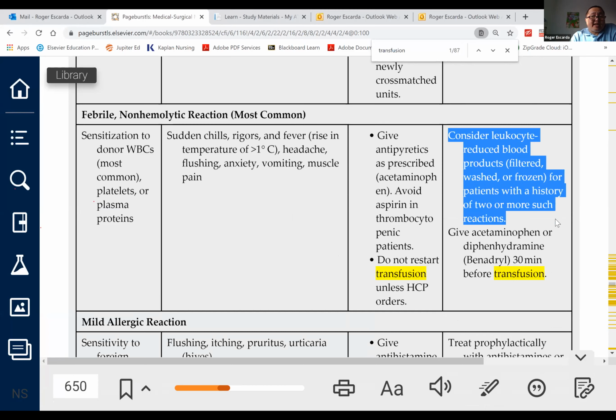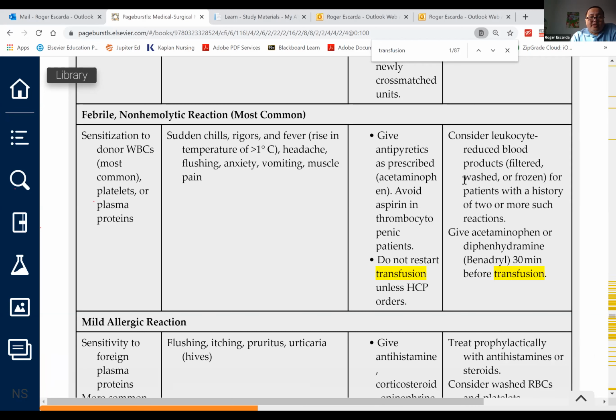They can wash the packed red blood cells. The term is washing. When they wash it, they remove as many white blood cells as possible, because the donated white blood cells are what cause the fever. That's why they put this as a prevention.